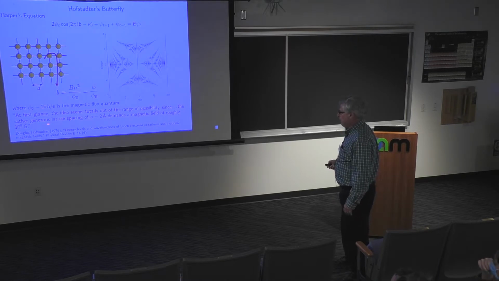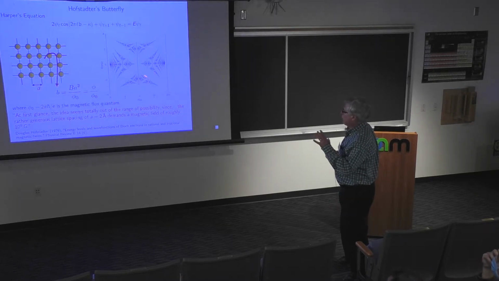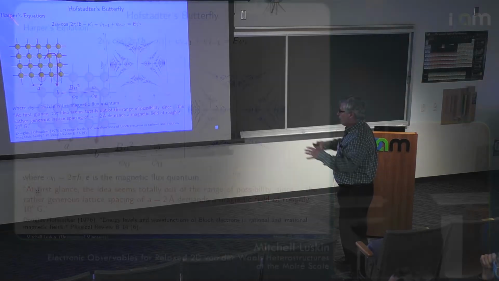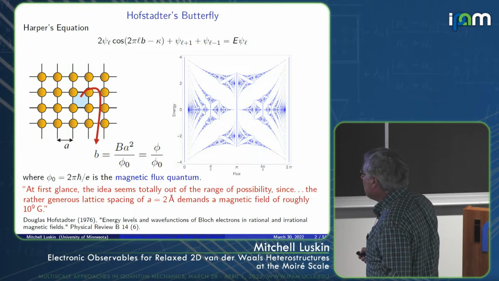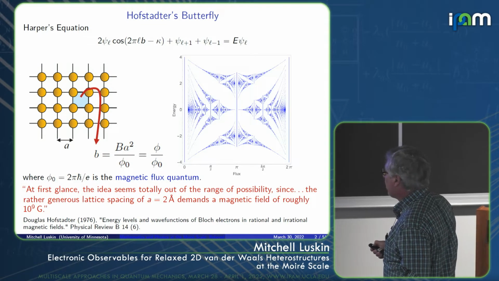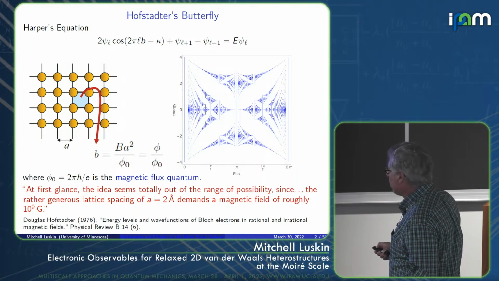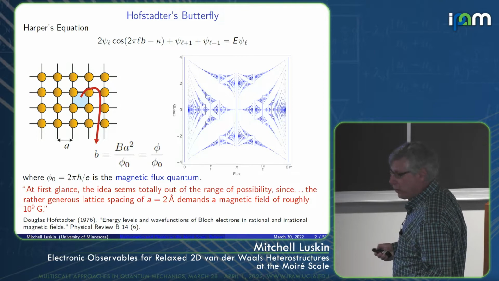So you can generate this beautiful picture from that equation, and it's all derived from a physical model, but experimentally you can't probe this at all. You can only probe a little teeny bit of it.